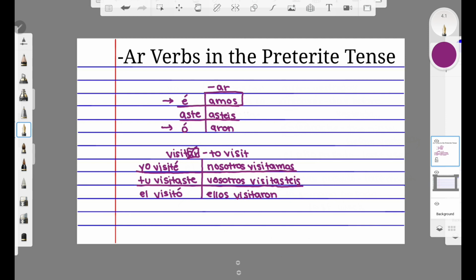So now if I wanted to say, I visited Arizona last year, I would say, yo visité Arizona el año pasado. And with any other subject pronoun, I would just use the correct conjugation with that one.